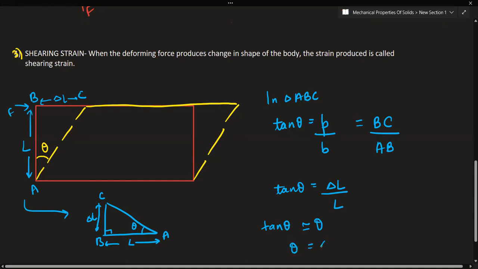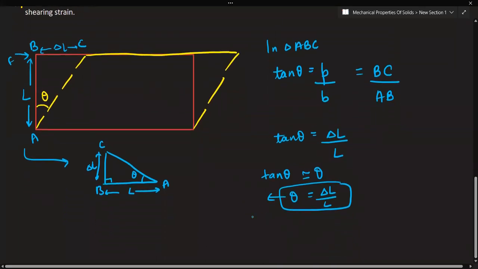So theta would be equal to delta L divided by L. And this theta that we are getting, this is our shearing strain. Understood? Yes, ma'am.